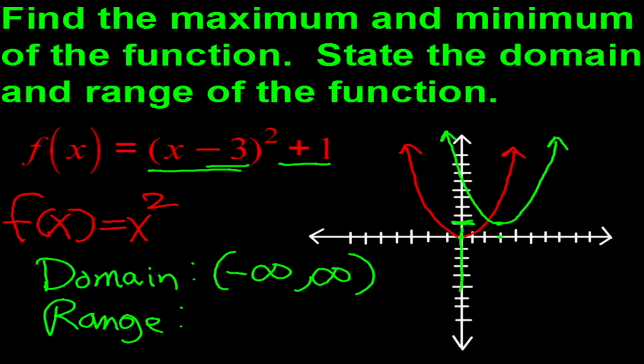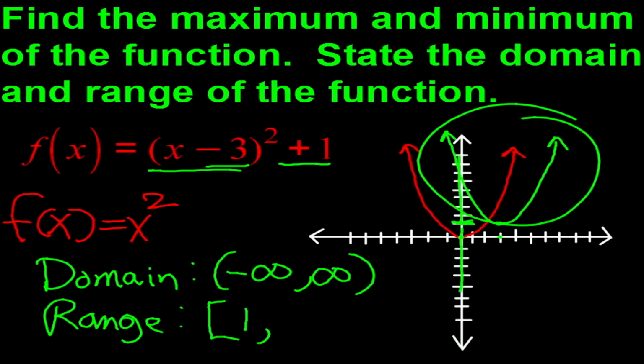Below that, they don't exist, but they do exist above that with the graph right here. So my range is going to start, and I can name the point, so I put a bracket there. That means it includes the point. It's going to be a positive 1, and it continues on infinitely upward, so it goes to positive infinity. So my domain is negative infinity to positive infinity, and the range starts at 1 and goes to positive infinity.